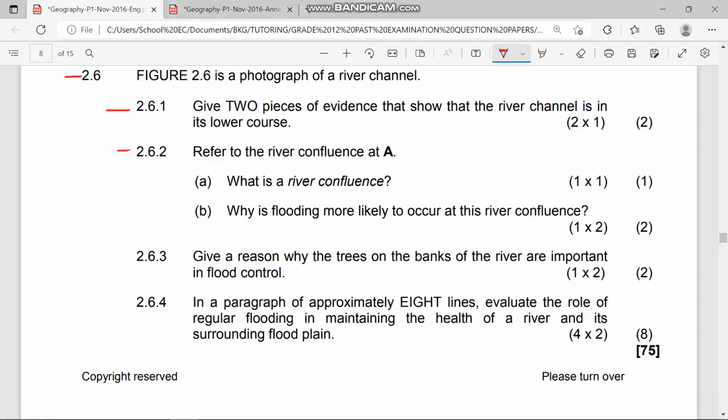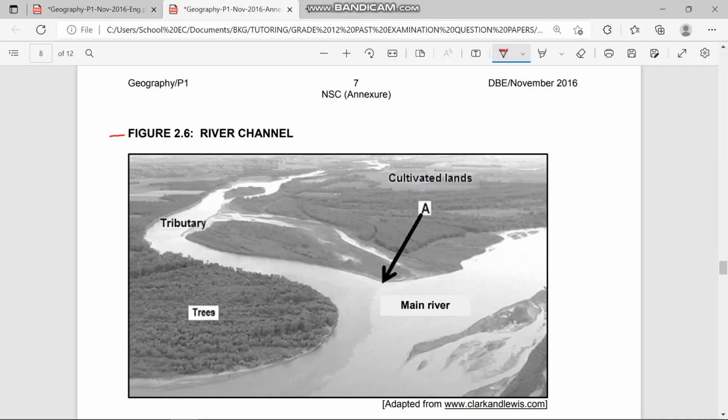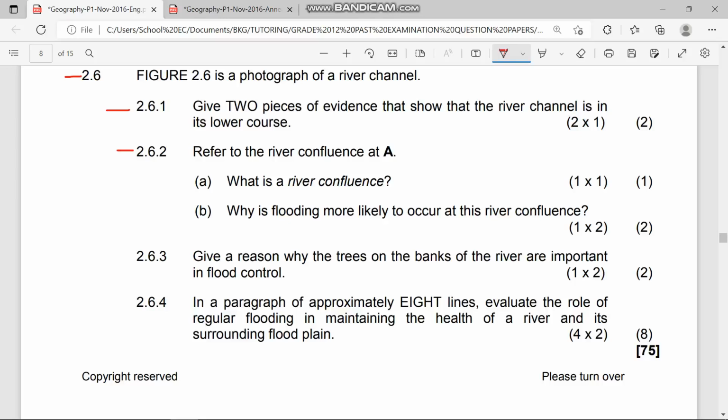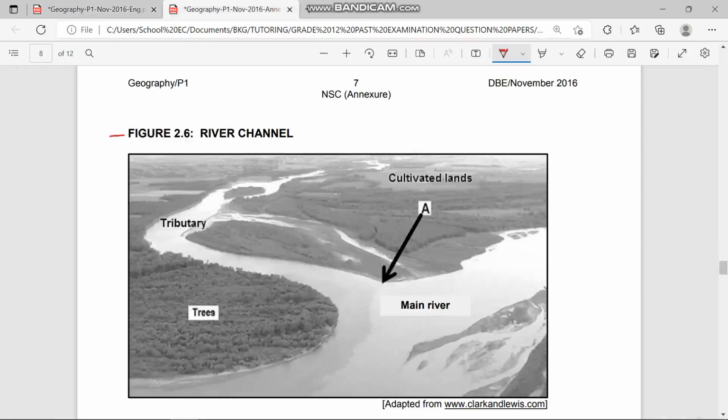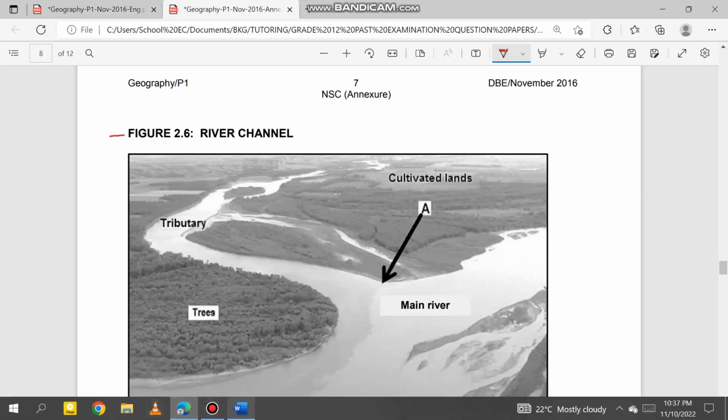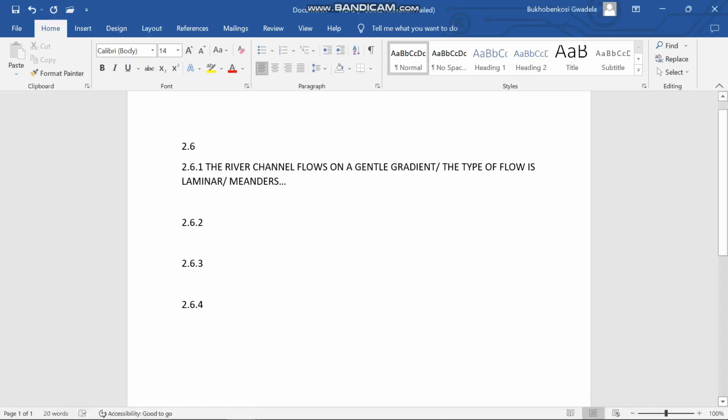2.6.2 says refer to the river confluence at A. So A is a river confluence. Our question says what is a river confluence. A river confluence is a point whereby two rivers join.